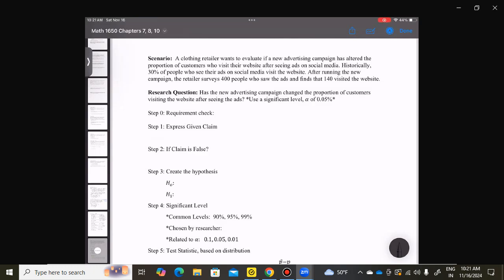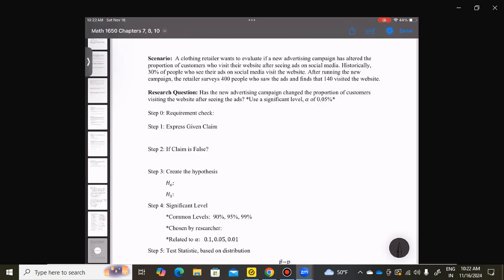So the scenario here is a clothing retailer wants to evaluate a new advertising campaign. If a new advertising campaign has altered the proportions of customers who visit their websites after seeing ads on social media. Historically, 30% of people who see their ads on social media visit the website.